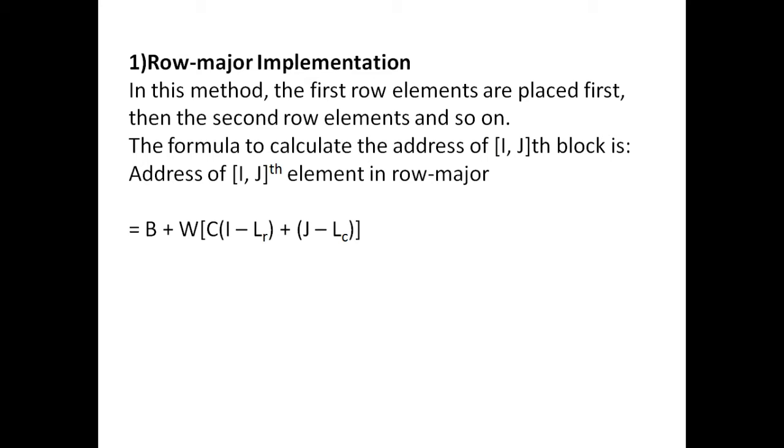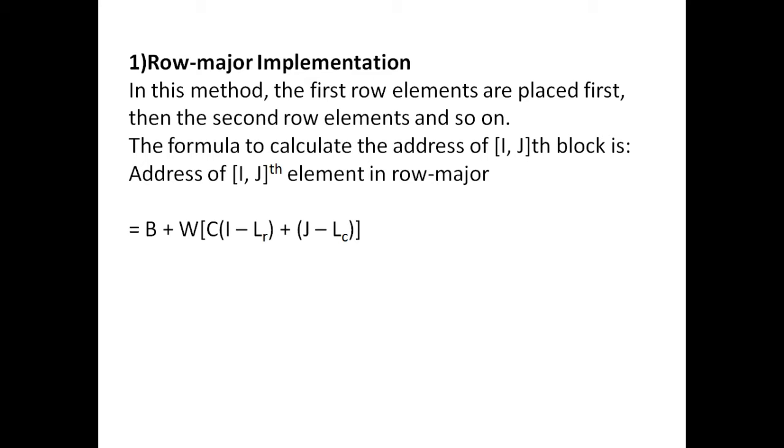Here B is the base address, W is the width, means storage, always in bytes, C means number of columns, I is the row of the element whose address we are going to calculate, and LR means lower row, the starting row. j is the column whose address we are going to calculate, LC is the lower column. So this formula you have to remember, children.